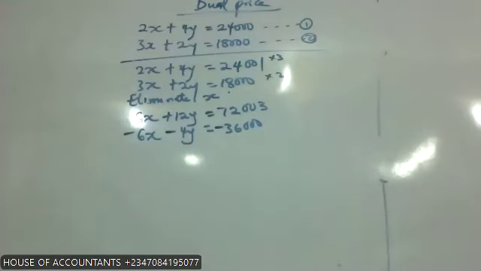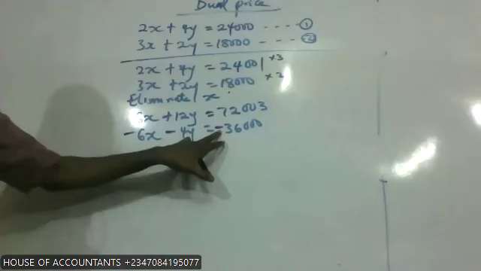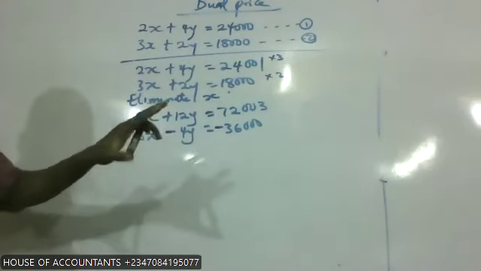Please, can you explain that again? I want to understand what you're using to multiply. This one should be positive.